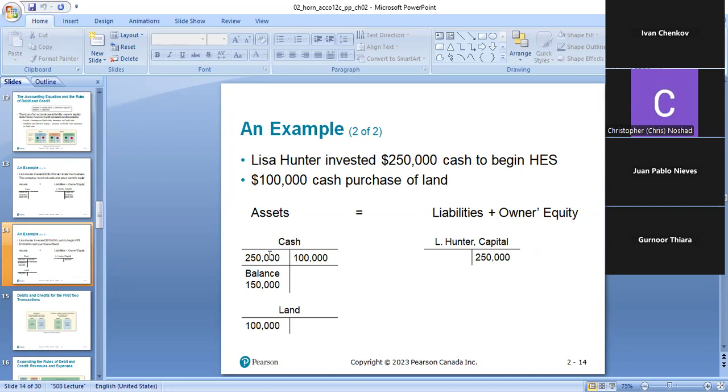Before we purchase the land, we have 250,000 total assets. Once we purchase the land, we still have 250,000 assets. How is that? Because we have 150,000 cash left and land for the amount that we paid in cash, $100,000.